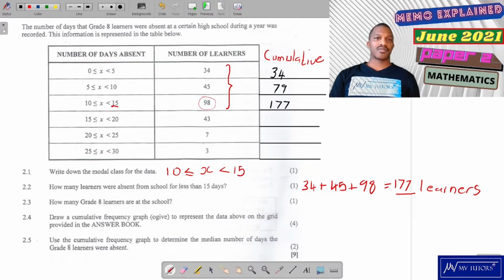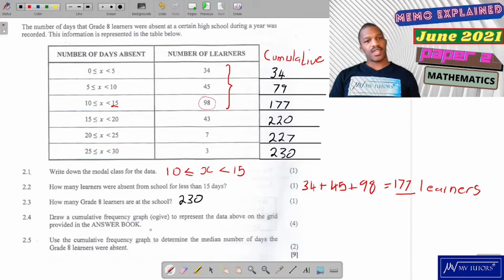Then 177 plus 43 gives me 220. 220 plus 7 gives me 227, and then 227 plus 3 gives me 230. So how many grade 8 learners are there? There are 230.